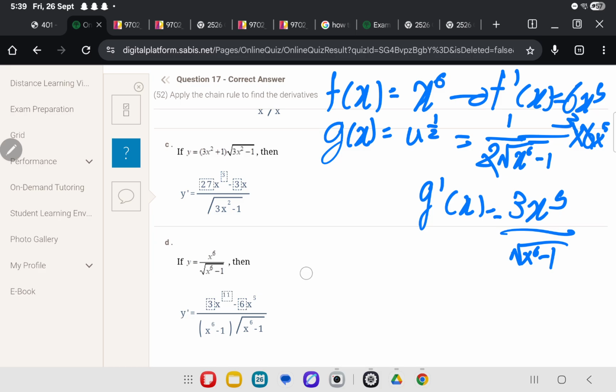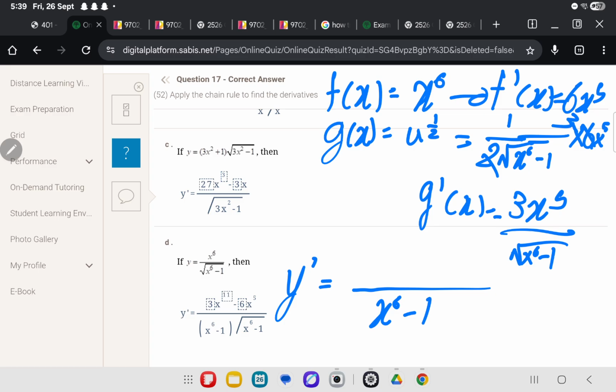So y prime equals 2, obviously over squared, so x to the power of 6 minus 1. I squared this part here, I squared it. When you square the radical, it cancels out, so x to the power of 6 minus 1. Okay, now it's f prime of x times g of x minus g prime of x times f of x.